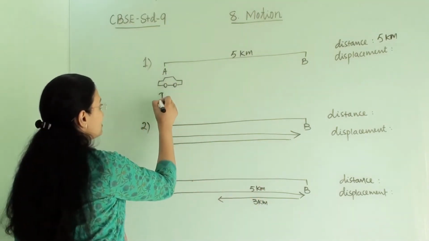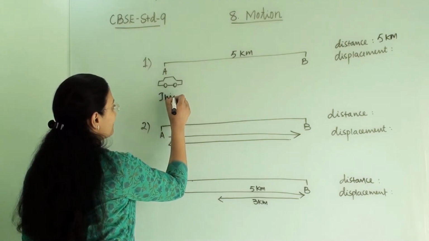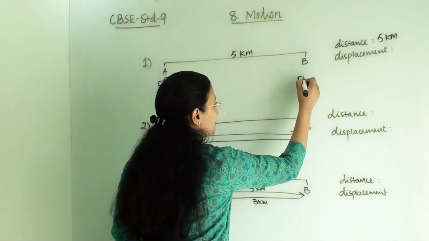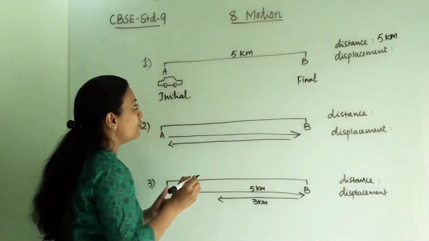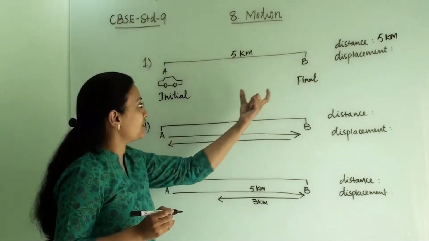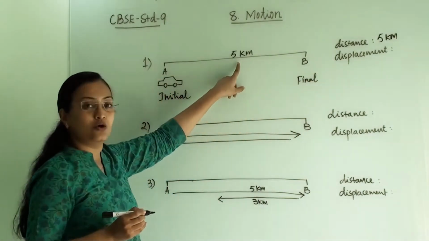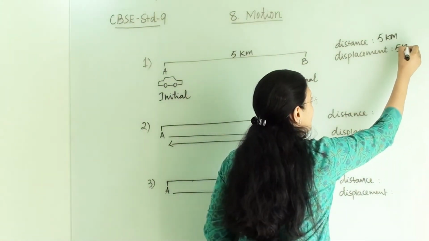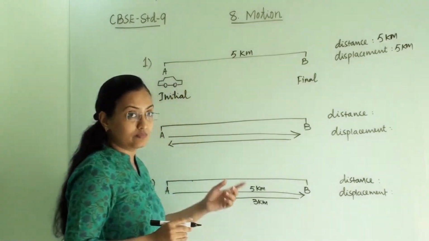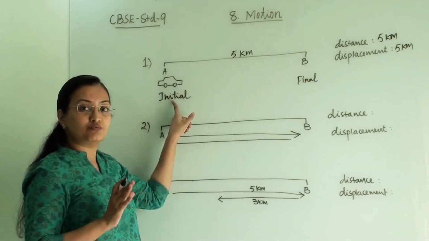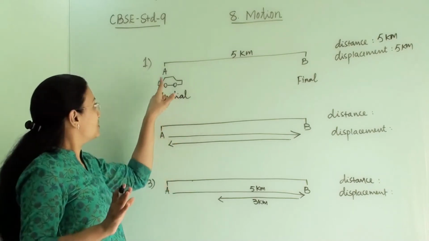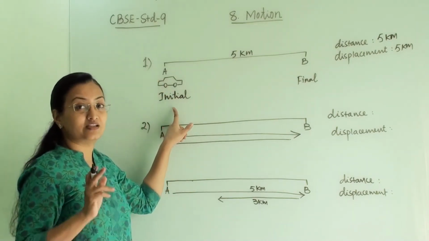Here this is our initial point and this is our final point. So how much has the car moved from the initial point to the final point? That is also 5 km. So here distance and displacement are both the same, the difference between the initial point and the final point is also 5.